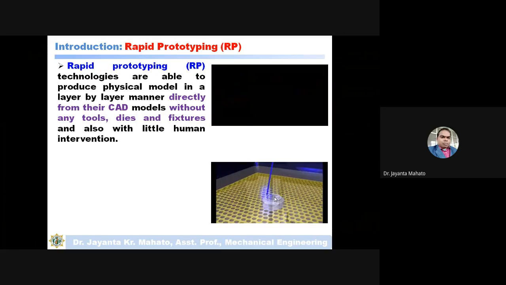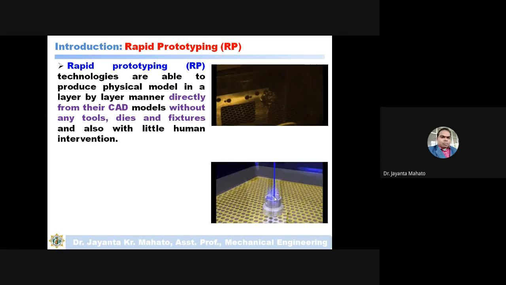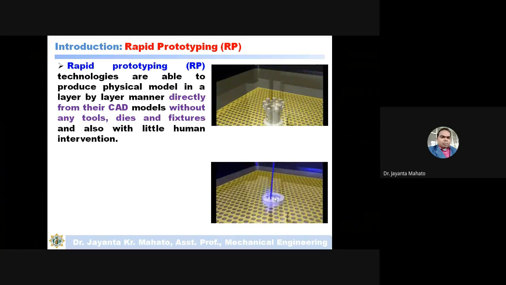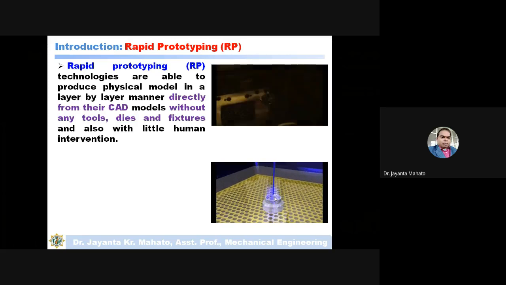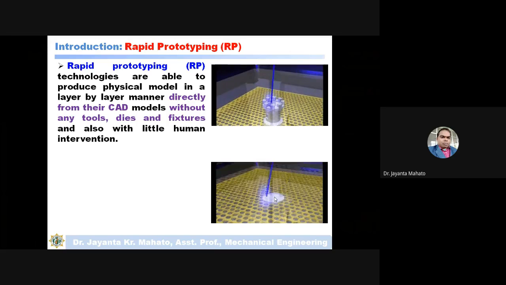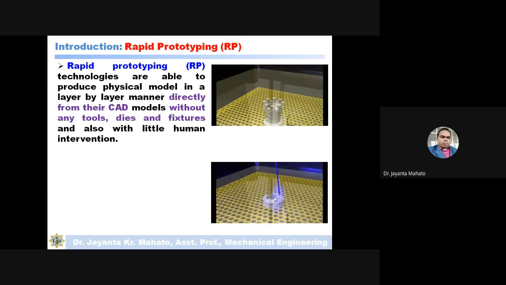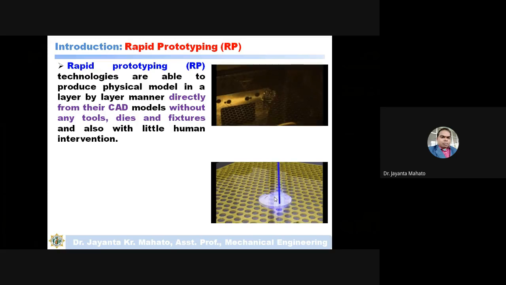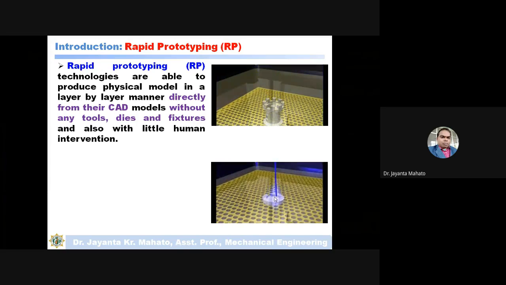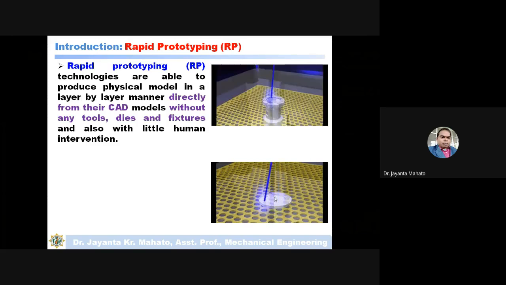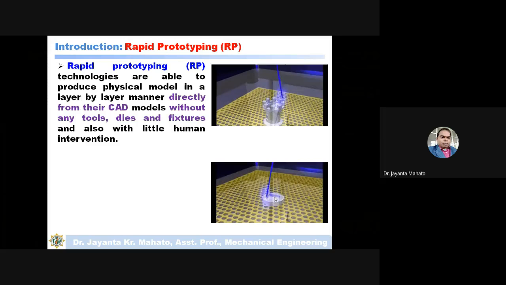Means not much human power is required. First the CAD model has to be done, and with the help of a laser beam, the machine will work, and there is no direct involvement between the tool and the workpiece, or the dies and fixtures.